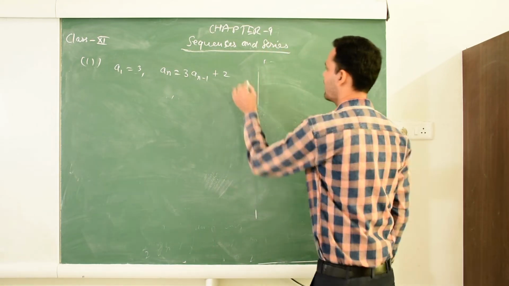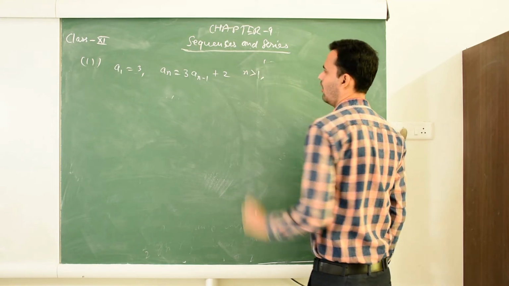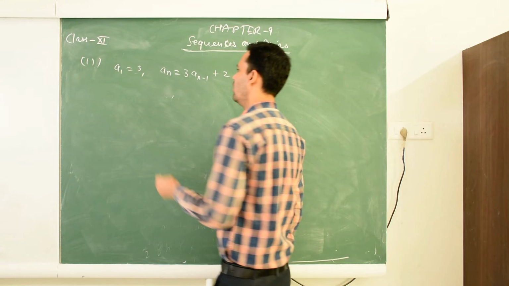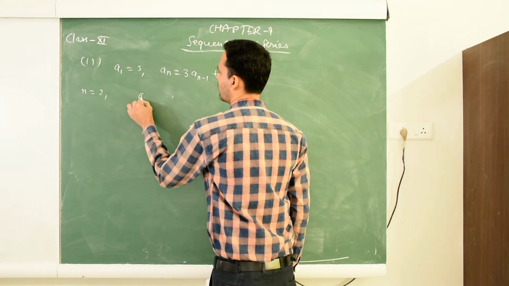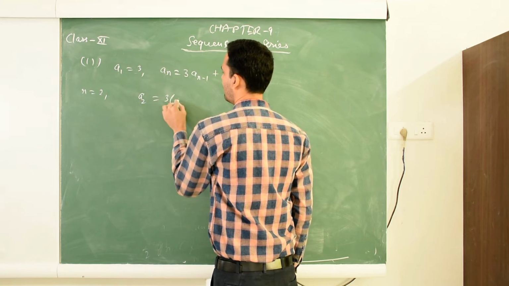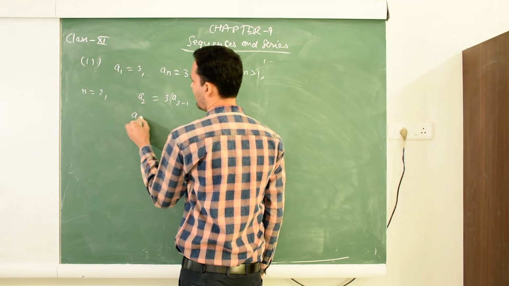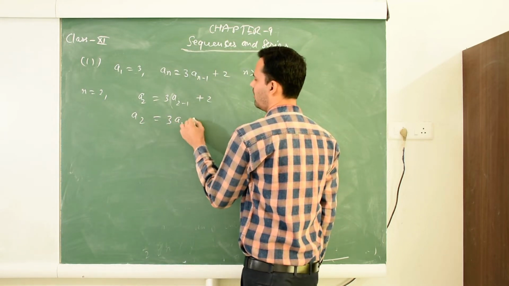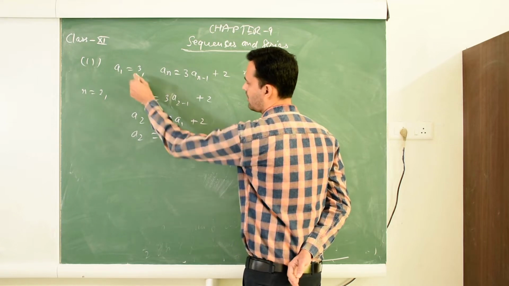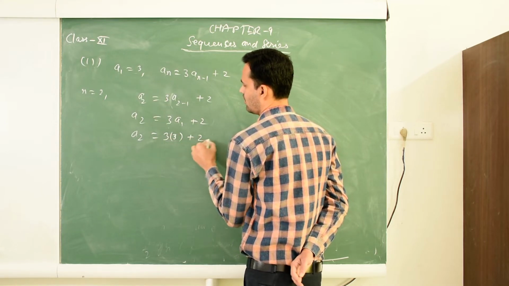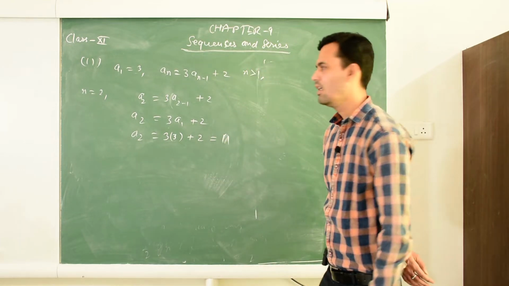N is always greater than 1, so we put n equals 2 here, and we get a2 equals 3 a1 plus 2. The value of a1 is 3, so the answer is 11. The value of a2 is 11.